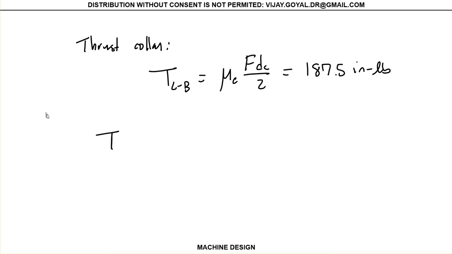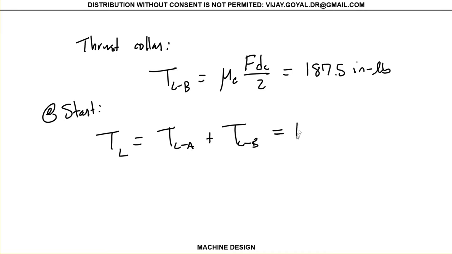So the total contribution at start, when you want to start to lower, will be TLA plus TLB, and that will give you 165.72 inch pounds.